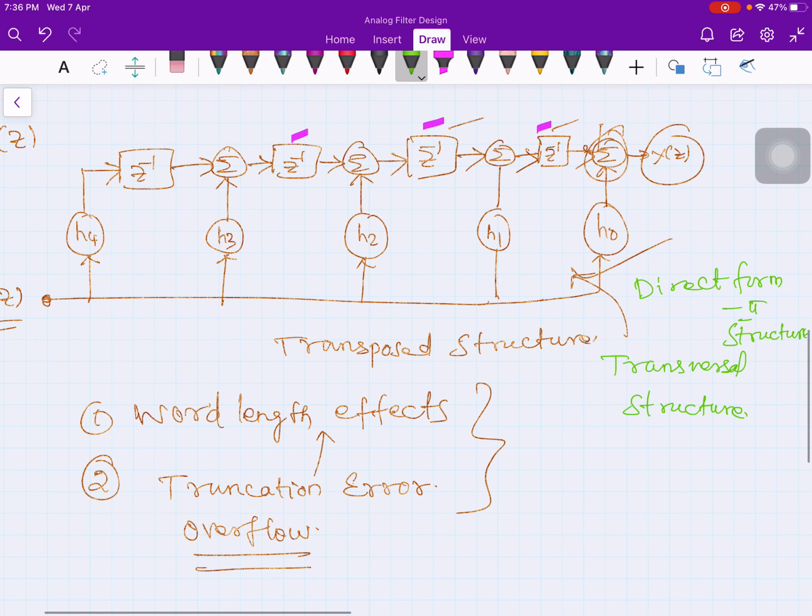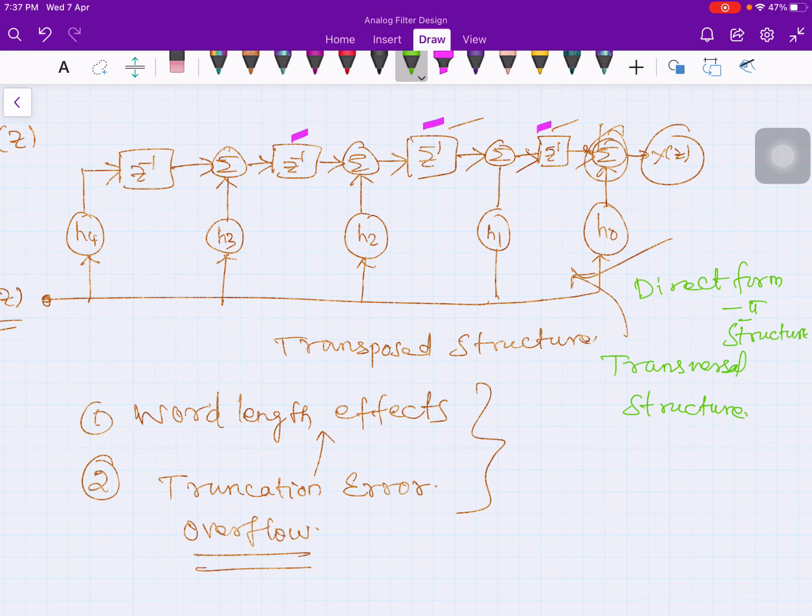These nomenclatures are not important for us, as long as you can obtain this structure and the equivalent structure. What is 1 and what is 2 is not important.